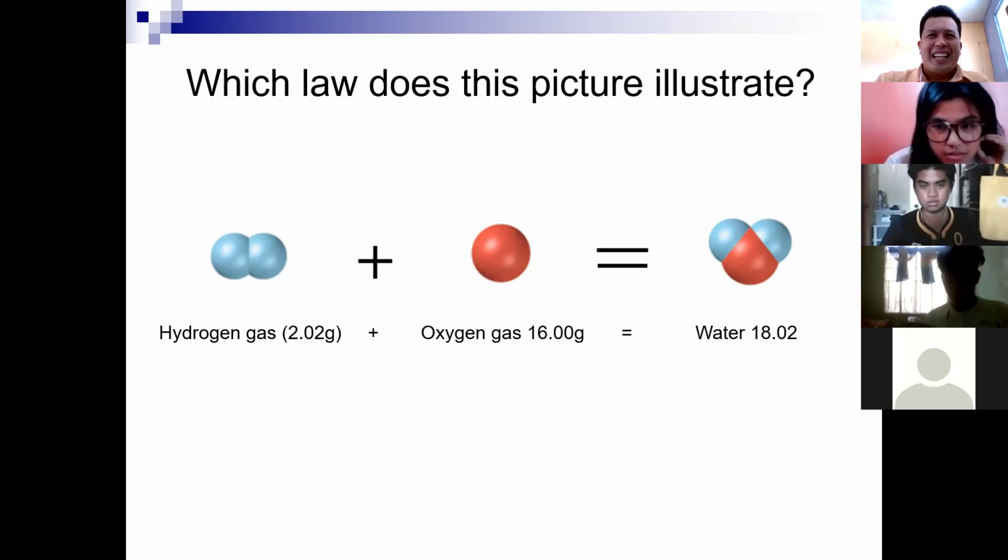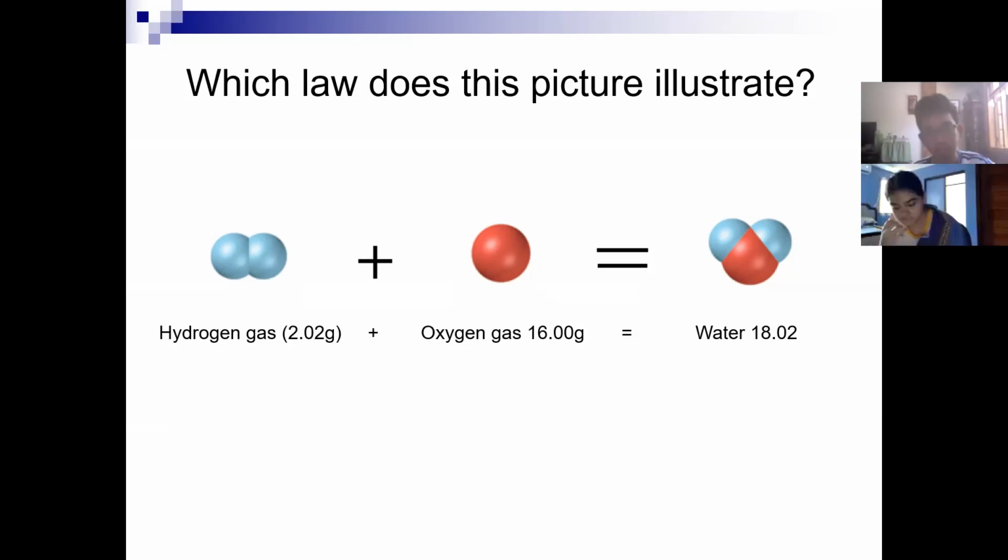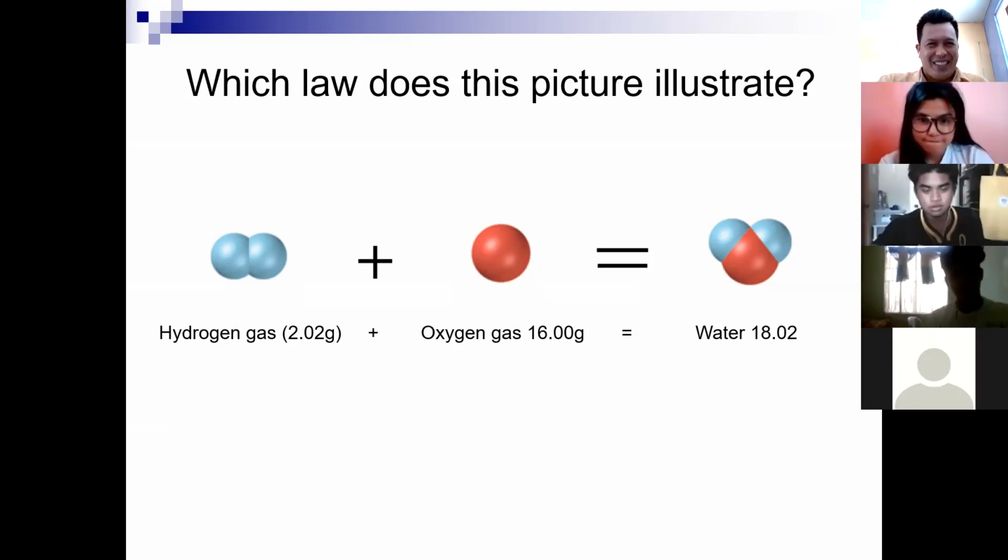Probably. How about Lucia? Let me get back to you on that one, Alona. What do you think this law is then? Same, the law of definite proportion. I say the answer is wrong.